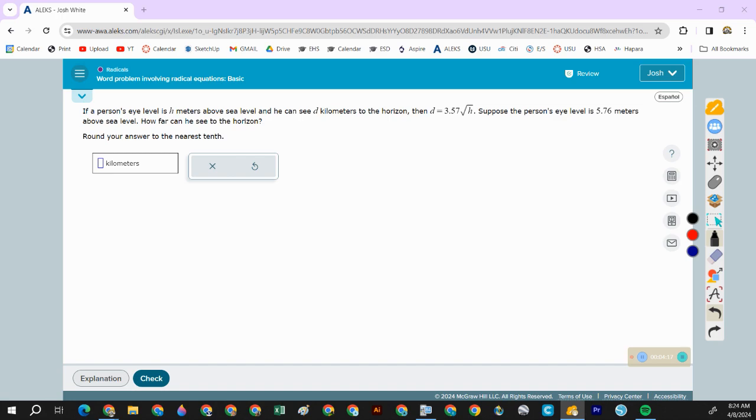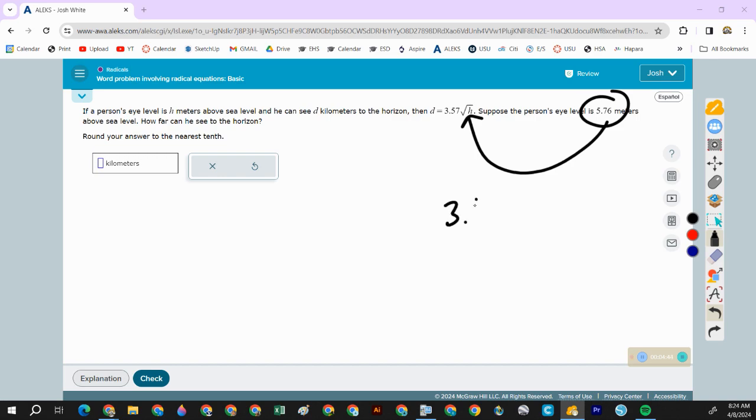All right. If a person's eye level is h meters above sea level and he can see d kilometers to the horizon, then d, which is distance, equals 3.57 times the square root of h. Suppose the person's eye level is 5.76 meters. How far can he see? So we're going to stick this in there.